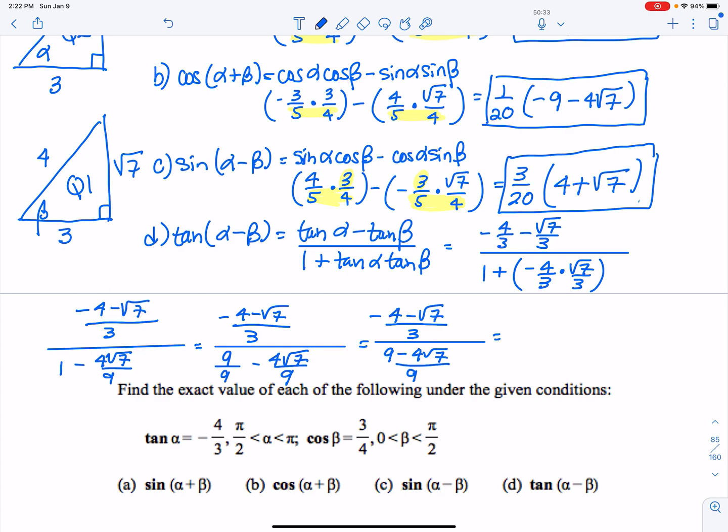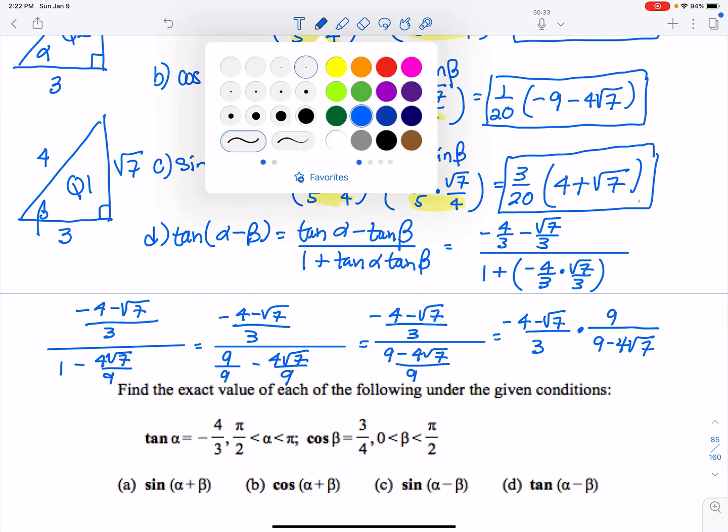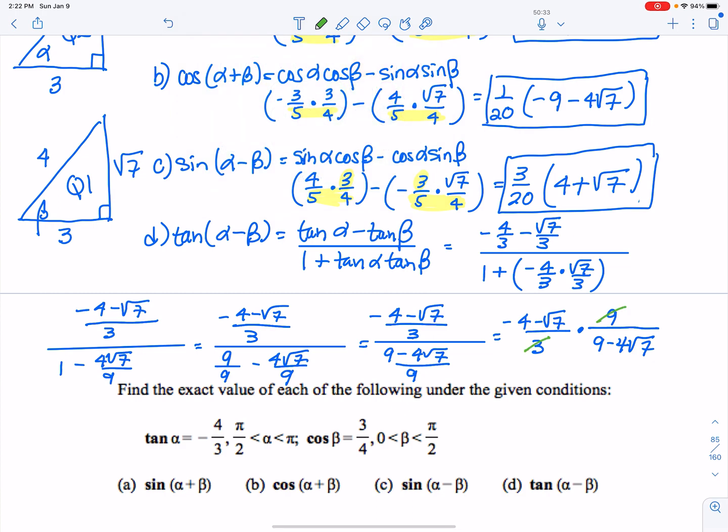Okay, because this is complex, I'm going to go ahead and turn this into a multiplication problem by taking the reciprocal of the denominator. And now I'm going to simplify this by taking 3 into 9, which goes 3 times.